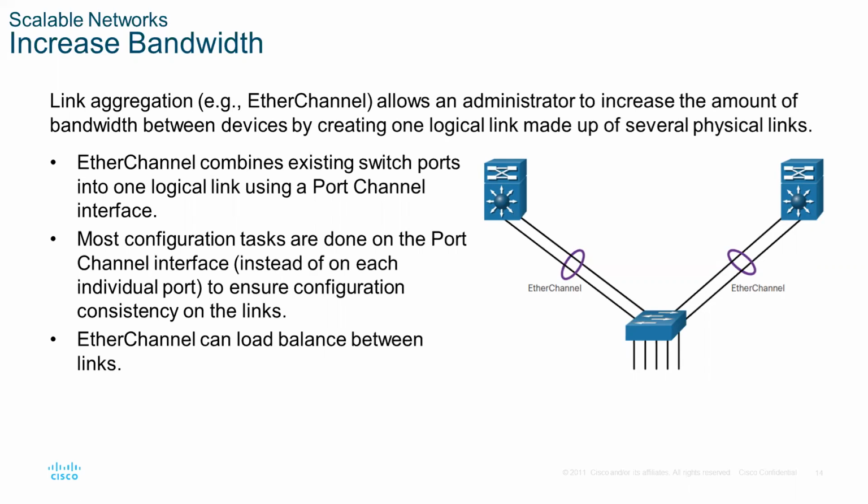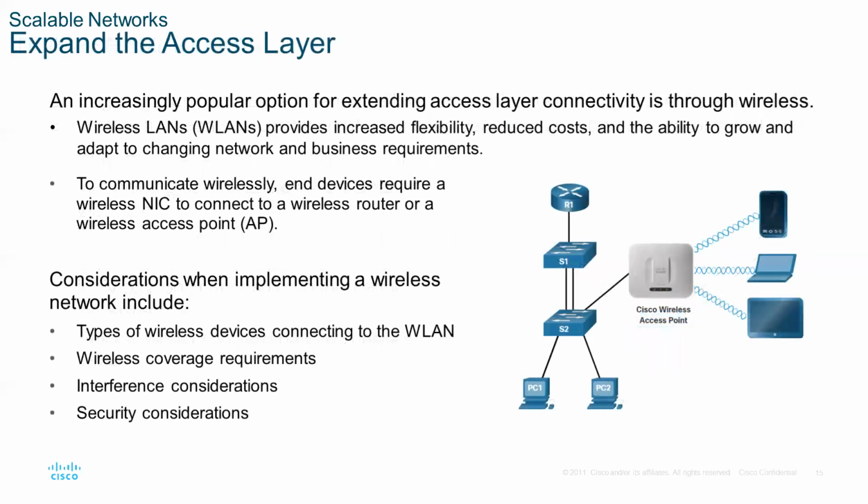We provide redundancy in that we've got multiple physical links that can still maintain connections if even one link fails. We provide load balancing between those links, so we don't overload any one given link. We load balance between all of the physical links in the channel. And this provides us with a very robust redundancy between our switches.